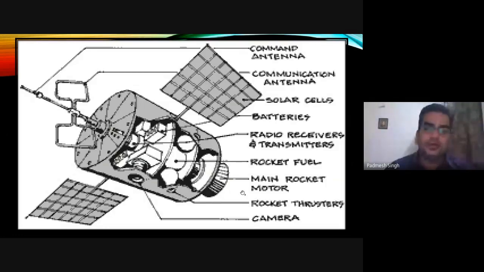So the lower part deals with our rocket structure, and the upper part deals with the various electronic components comprising the main part of the satellite.